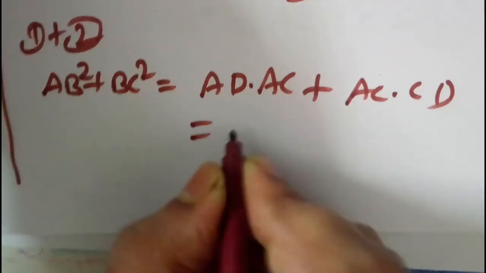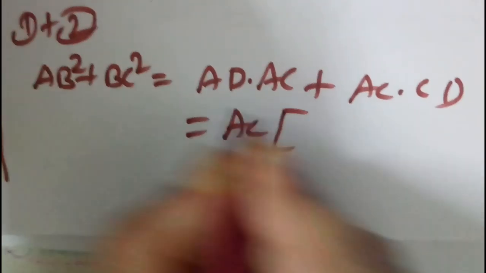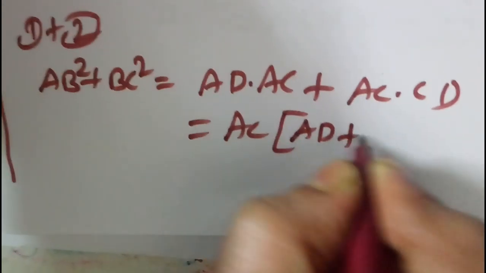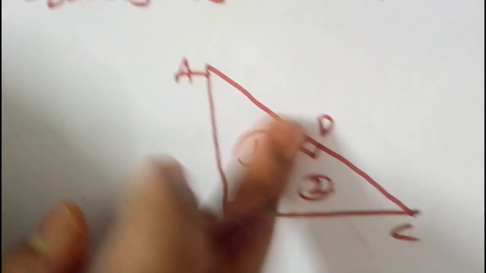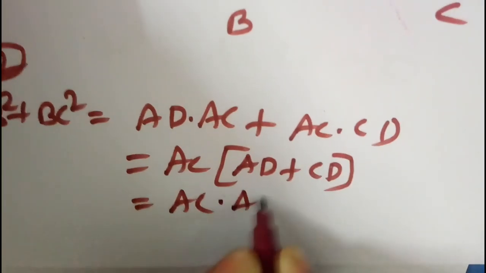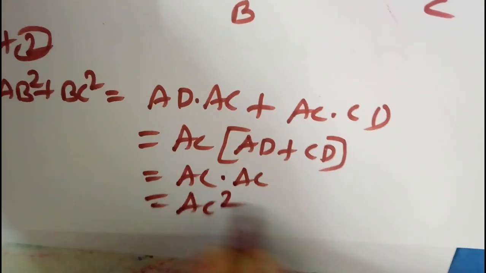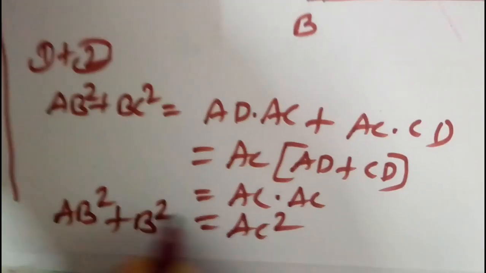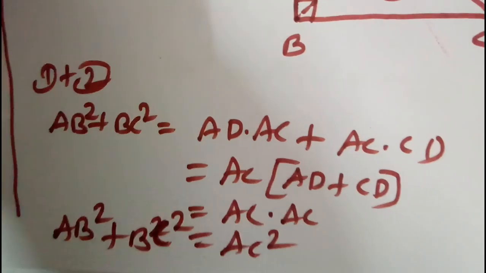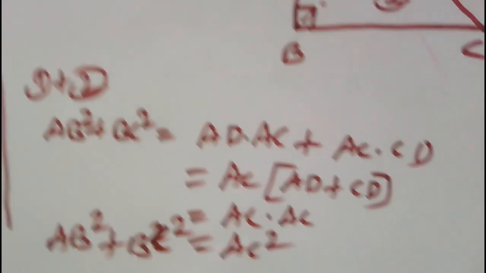Here AC is common, so take AC common: AC into AD plus CD. From the figure, AD plus CD is equal to AC. So AC into AC is AC square. So AB square plus BC square is equal to AC square.